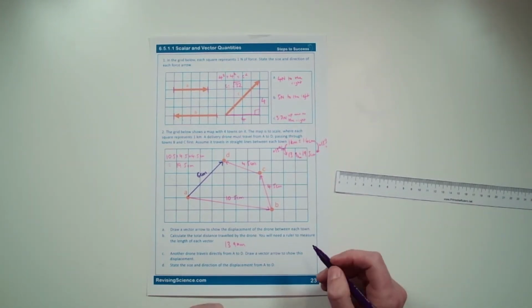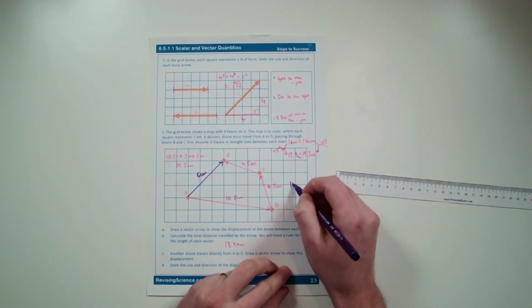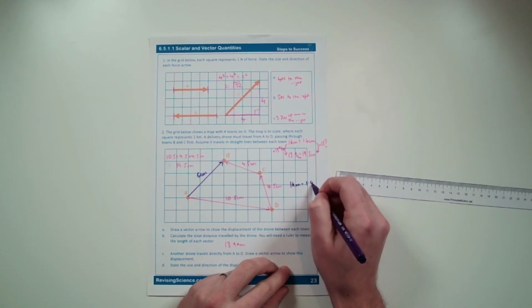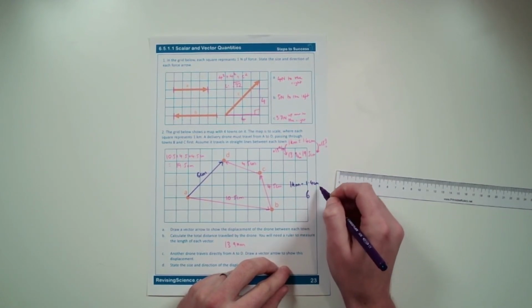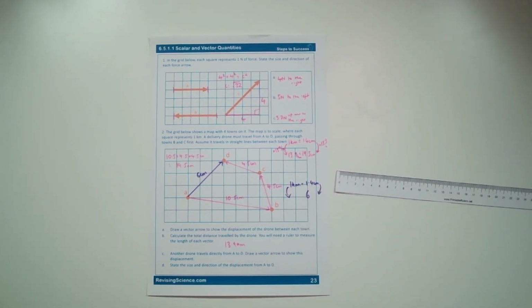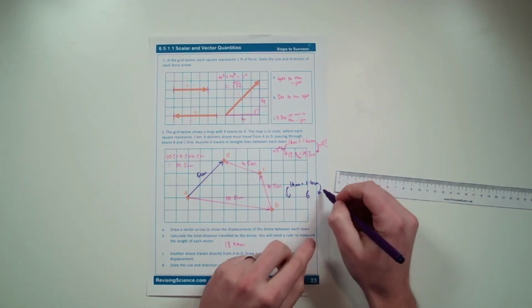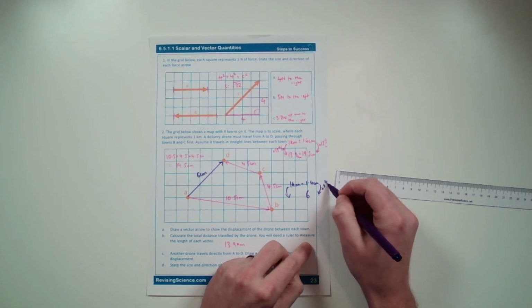Again, we need to use our scale to work this out. So we know that 1 kilometre equals 1.4 centimetres. We want to get to 6. So what do we need to do to get from 1.4 to 6? To calculate this, we'll do 6 divided by 1.4, which gives us multiplying by 4 and 2/7.